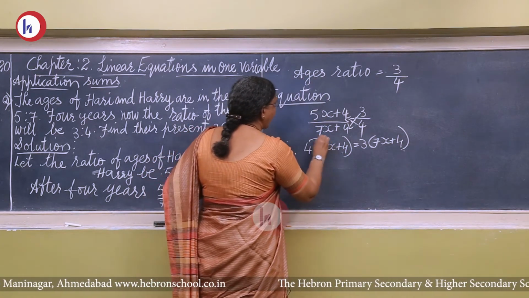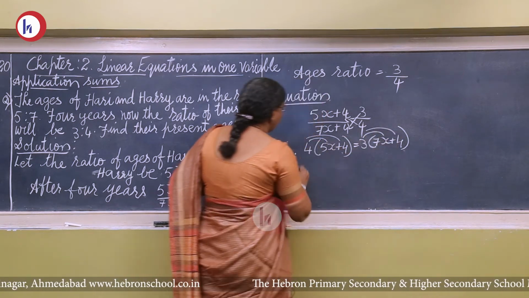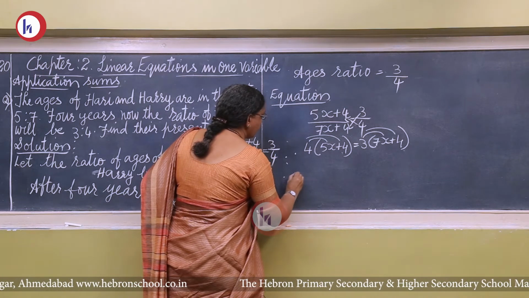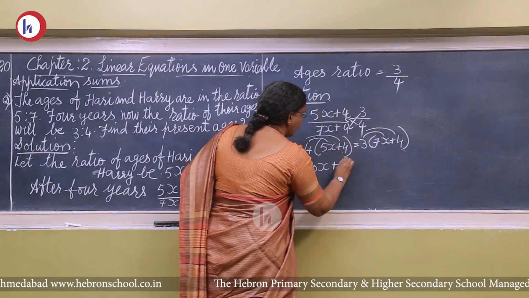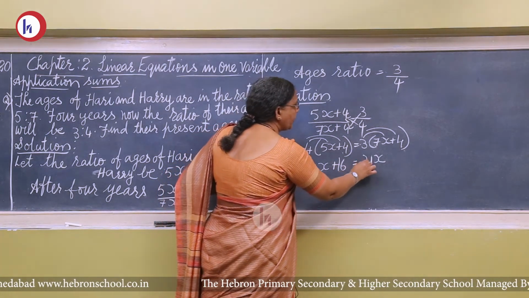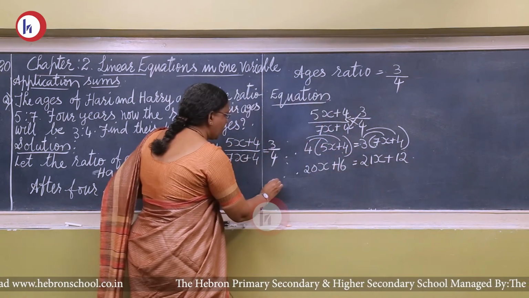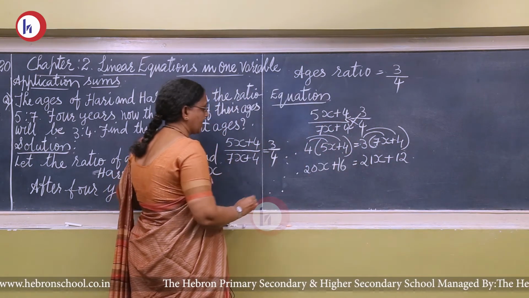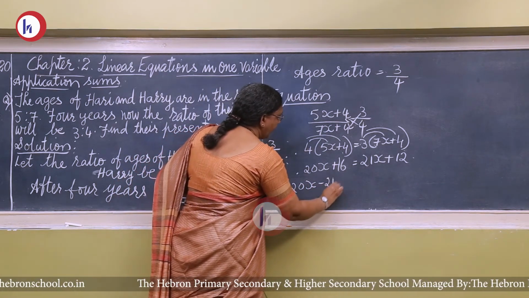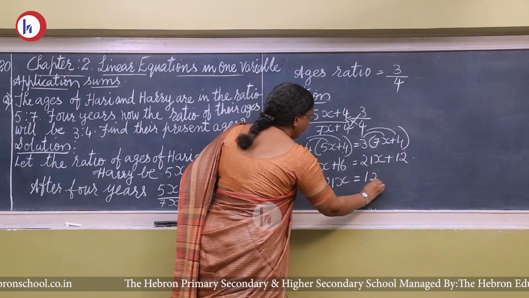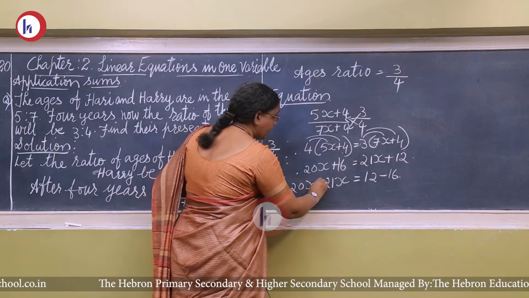Therefore, here again multiply both the terms with 4, and 3 with both the terms. That is 4 into 5x, therefore 4 5s are 20x plus 4 4s are 16 is equal to 21x plus 3 4s are 12. Now variables taken to one side. That is 20x minus 21x is equal to 12 minus 16. Then 20x minus 21x.